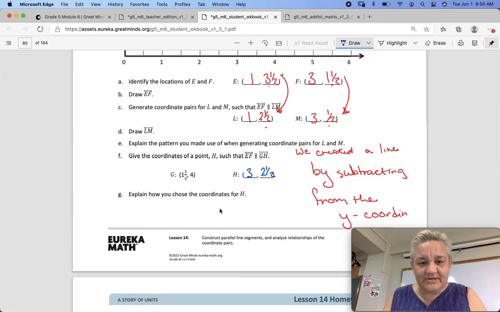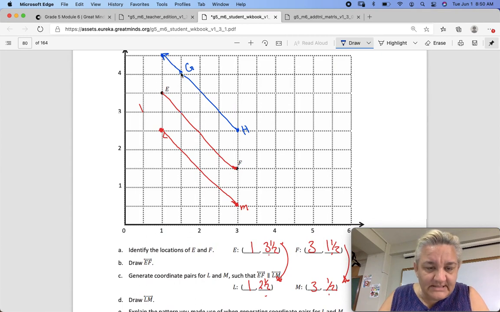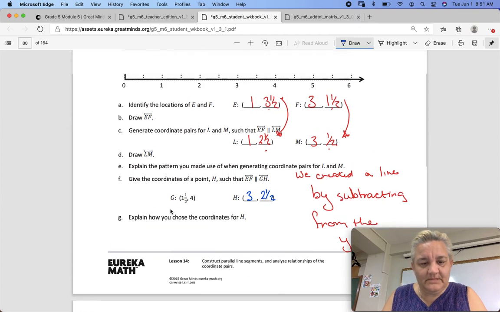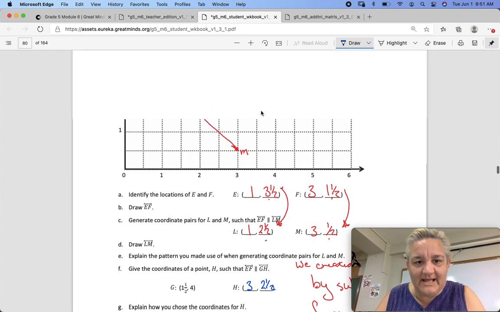Explain how you chose the coordinate for H. Well, we noticed that the distance between G and the line EF was 1 whole, so we used 1 whole above F. We can say here that we chose the coordinates for H by adding another whole.